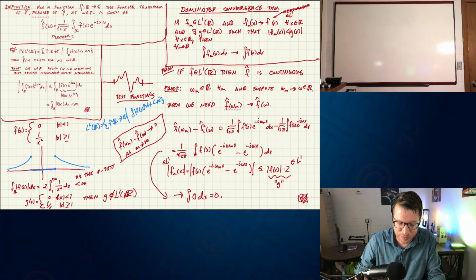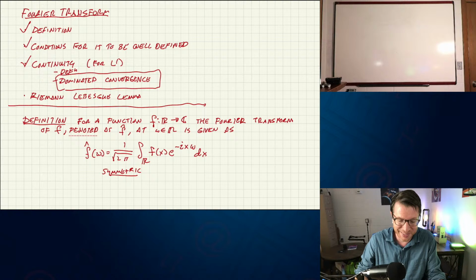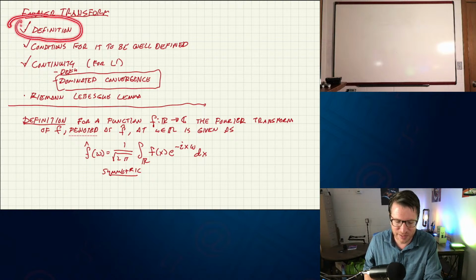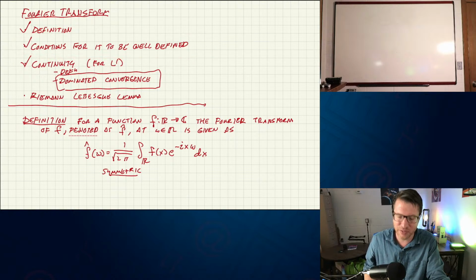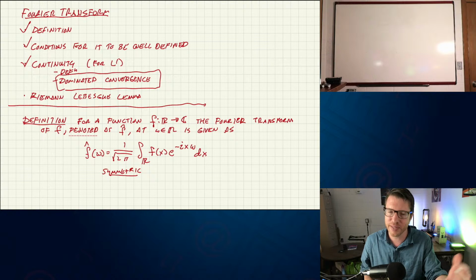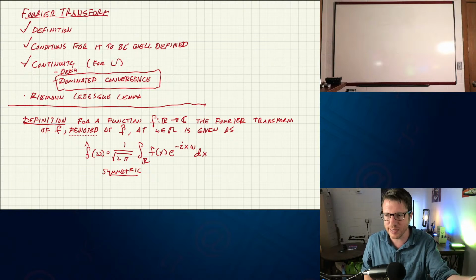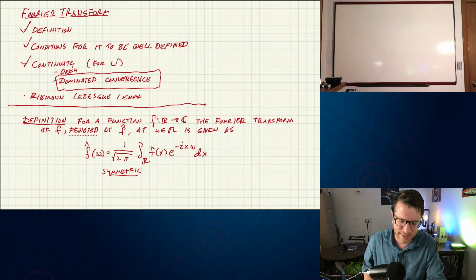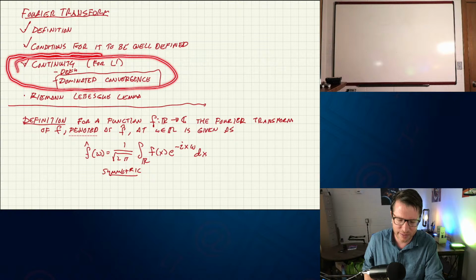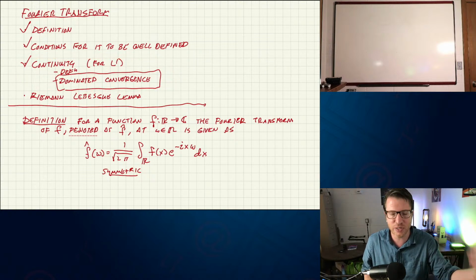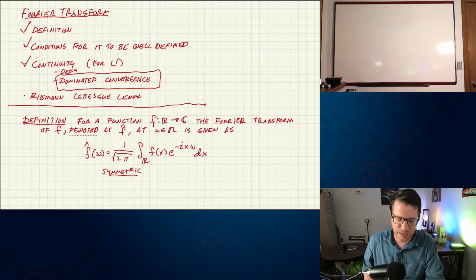And so we went through quite a lot in these couple hours. We went through the definition of a Fourier transform. We talked about the conditions for it to be well defined. Basically, it has to be in L1, and then we come up with new definitions for L2 and distributions and things like that. And then we can show the continuity for these Fourier transforms of L1 functions, which leverages dominated convergence.